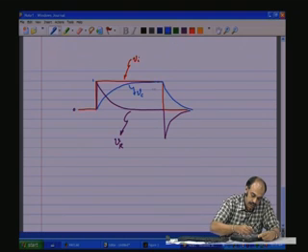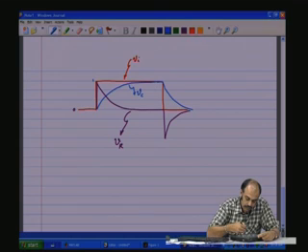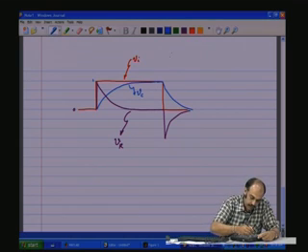If you take the voltage across C or a voltage across R during this portion, that is during this portion, because during this portion of the time I know that Vi is equal to 0, because Vi has become 0.